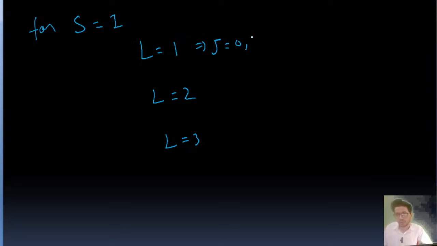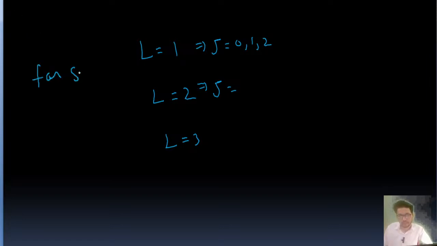So 0, 1, 2. For L equal to 2, 1 plus 2, 3, 2 minus 1, 1, so 1, 2, 3. For L equal to 3, 3 plus 1, 4, 3 minus 1, 2, so 2, 3 and 4. These are the J values.